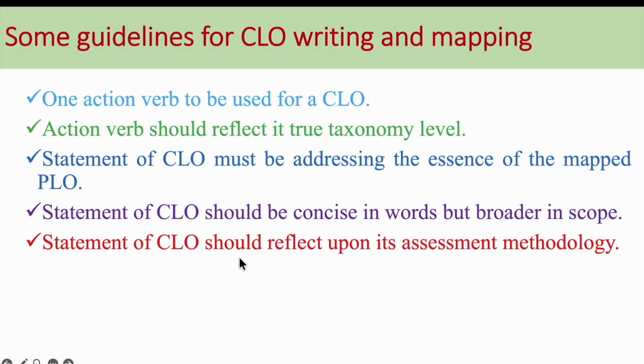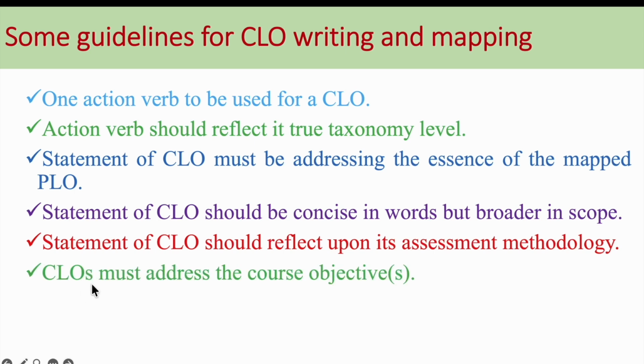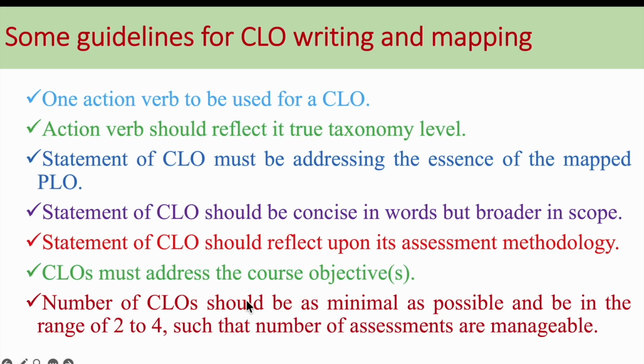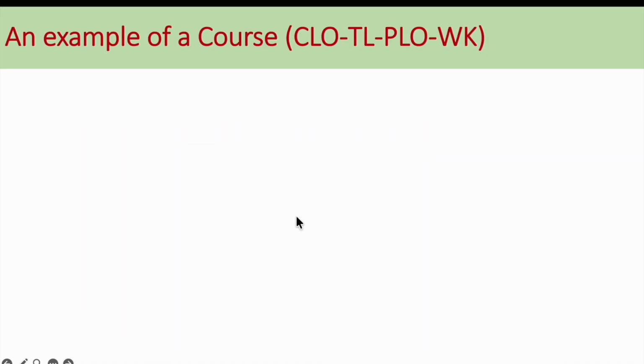Statement of CLO should reflect upon its assessment methodology. CLO must address the course objective. Number of CLOs should be as minimal as possible and be in the range of 2 to 4 such that number of assessments are manageable.